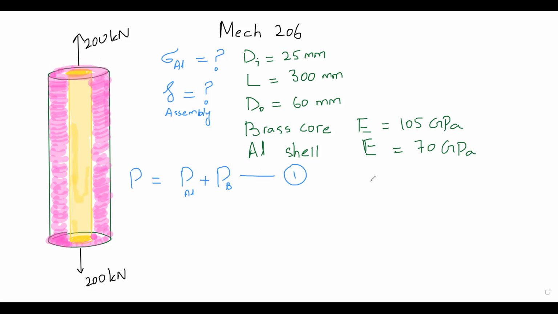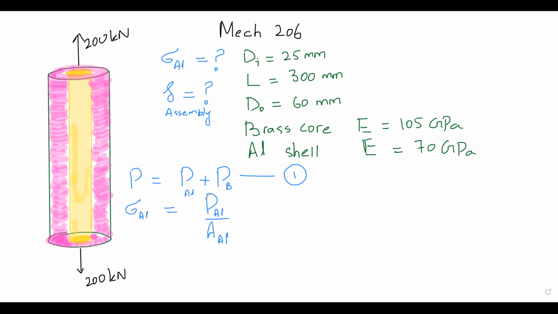Then I think all of you can realize that what we have to find is the normal stress in the aluminium shell. So I suppose it will be P of aluminium divided by A of aluminium.